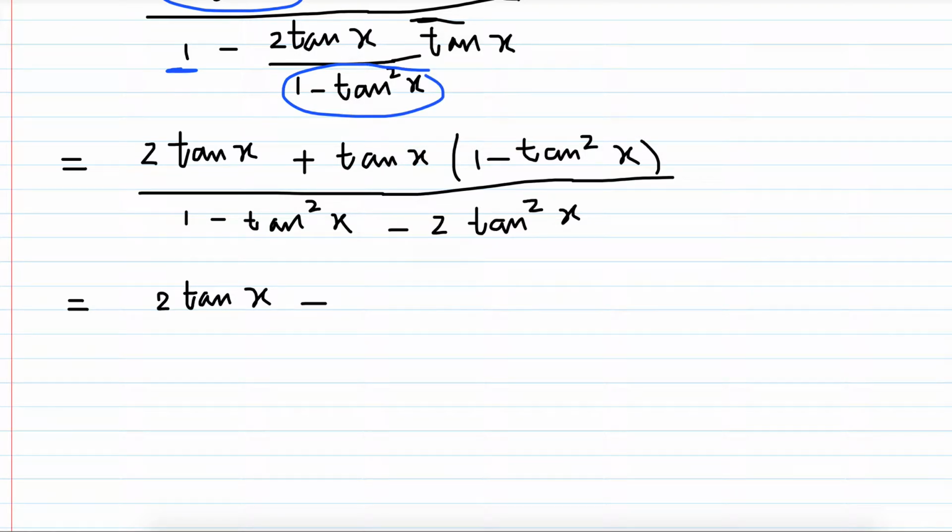So this tan x and minus tan square x becomes tan cube x.